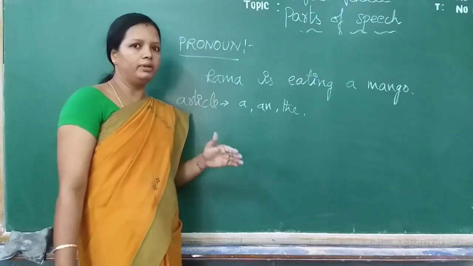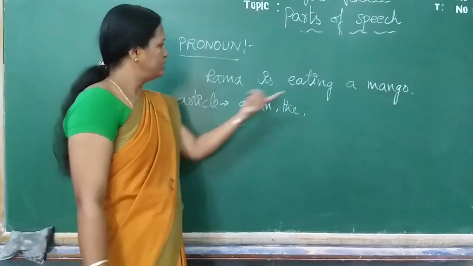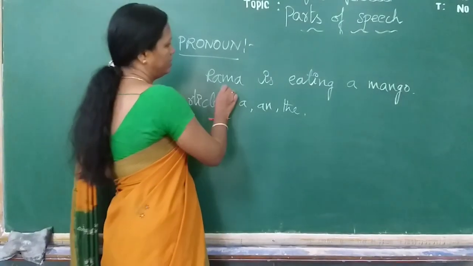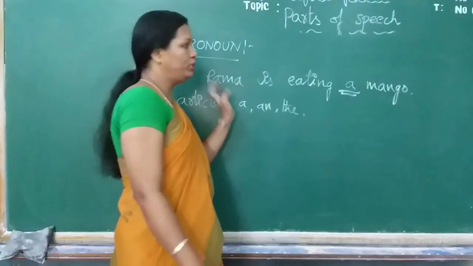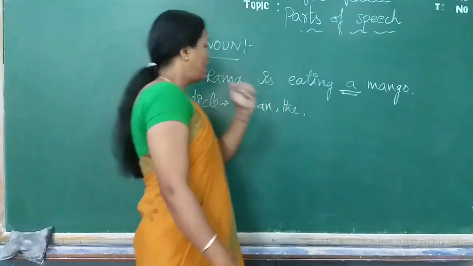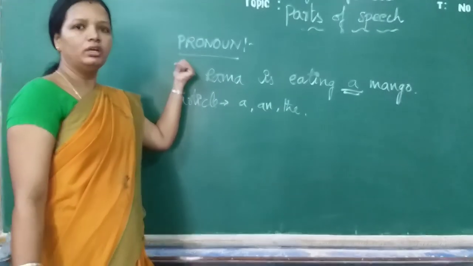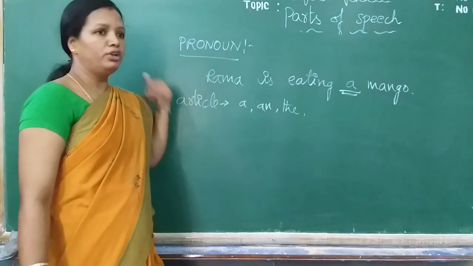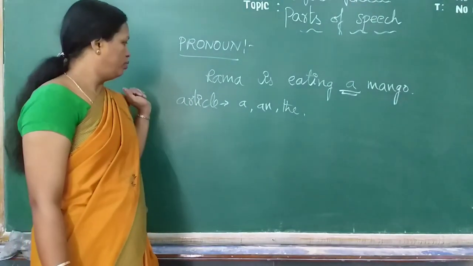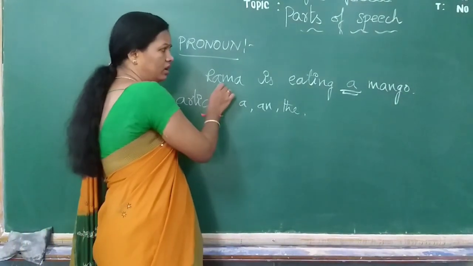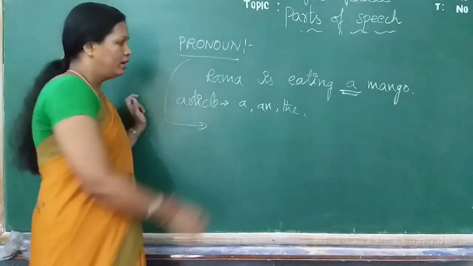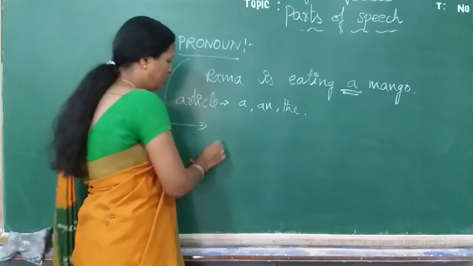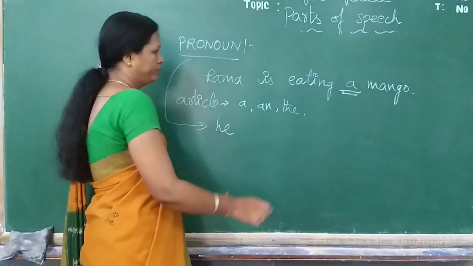Say for example, here in this sentence, Rama is eating a mango. There is an article which we have used for the noun, and we will not be using it for the pronoun. That is the difference between the noun and the pronoun. So here, if I want to change this same sentence to a pronoun, Rama is a boy, so I will use he.